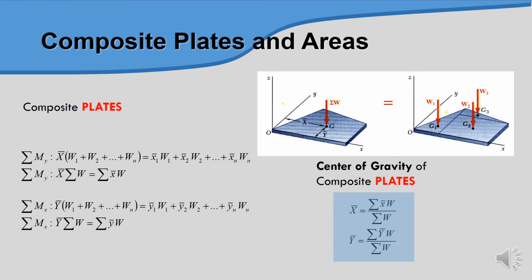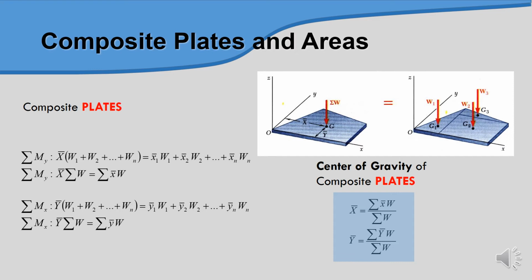Basically if we have this composite plate, we can divide it into several shapes here. In this case we divide it into three shapes. The first one is the force produced by the weight from C1.